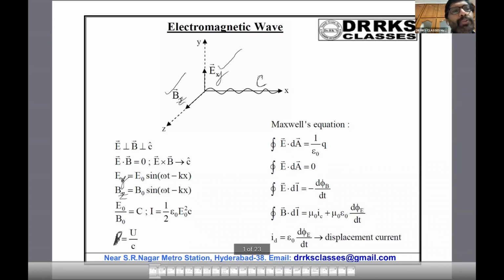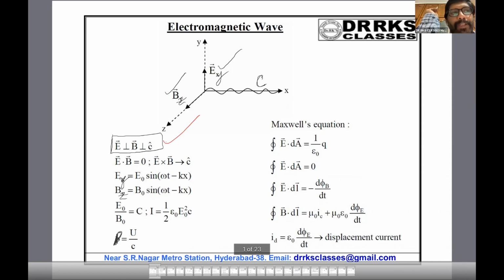The first point you have to remember is that electric field, magnetic field, and direction of propagation are perpendicular.